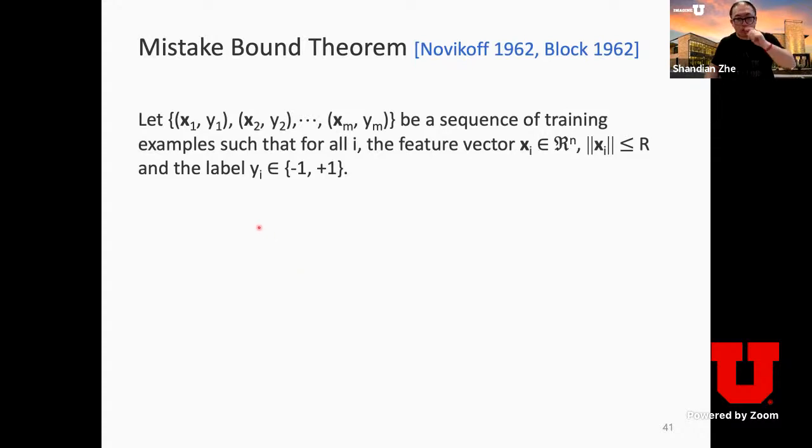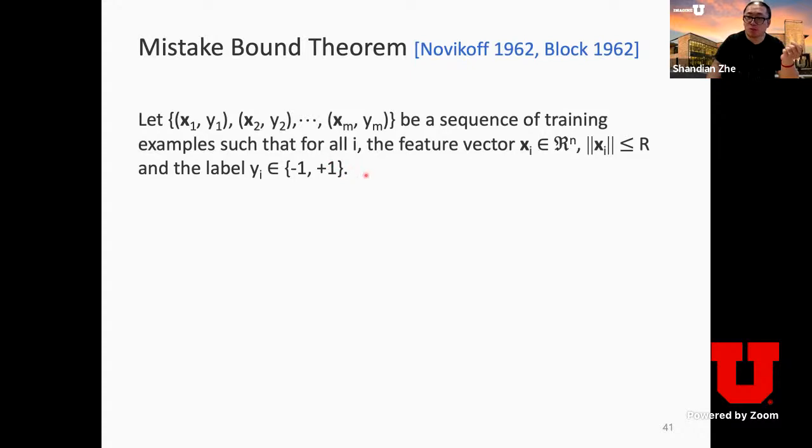First, the training examples are a set of m examples, x1, y1, x2, y2, up to xm, ym. Again, it's in the augmented feature space, where each training vector is in n-dimensional space, and the length, or Euclidean norm, of each input vector is upper bounded by R.